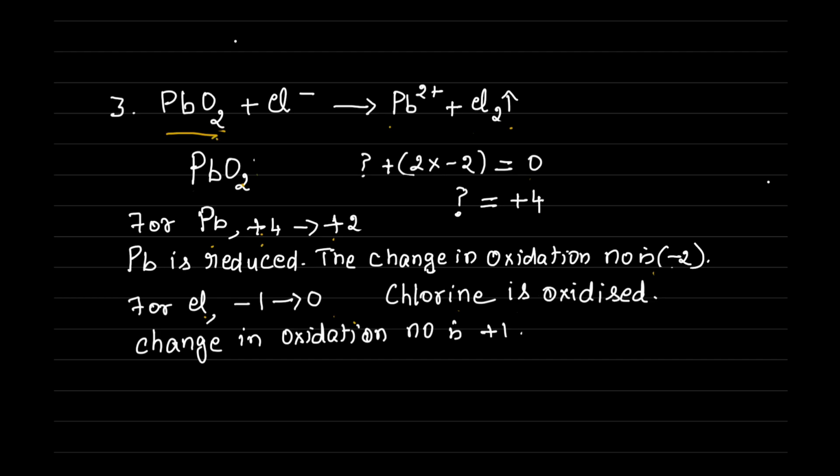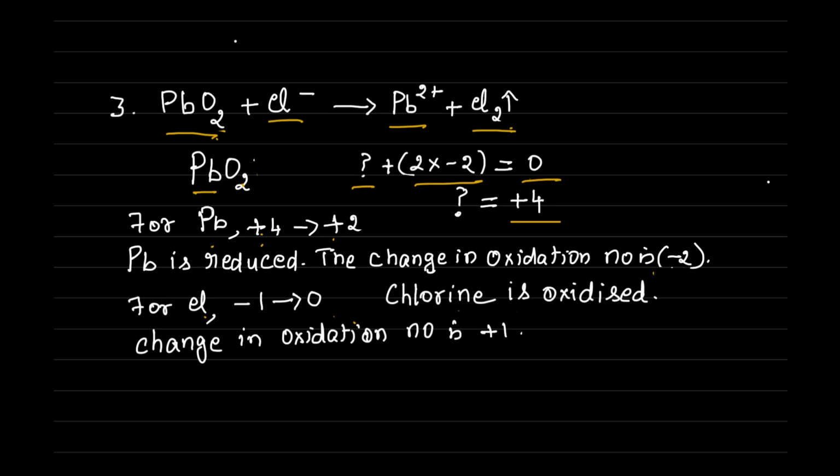It is converted into Pb2+ ion and chlorine is liberated from chloride ion. In PbO2, the total contribution by 2 oxygen atoms is 2 into minus 2. The algebraic sum of the oxidation number of lead plus that of 2 oxygen is equal to 0, or the oxidation number of lead on the reactant side is plus 4.